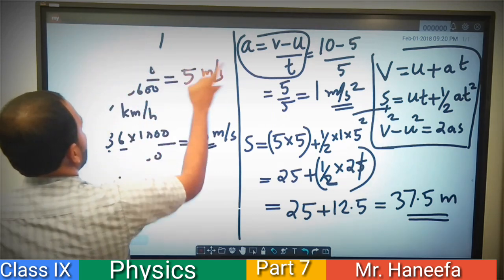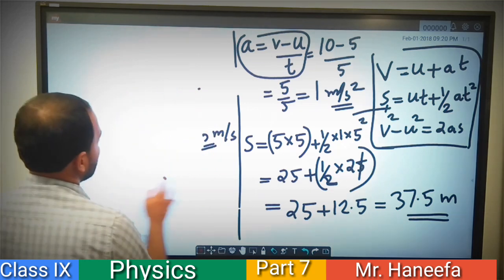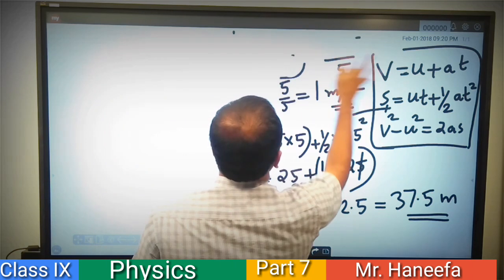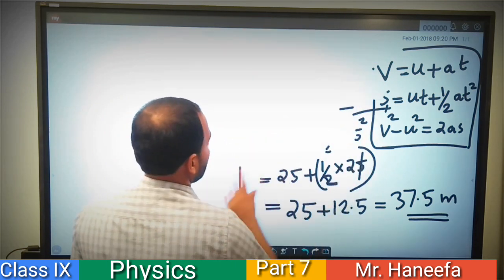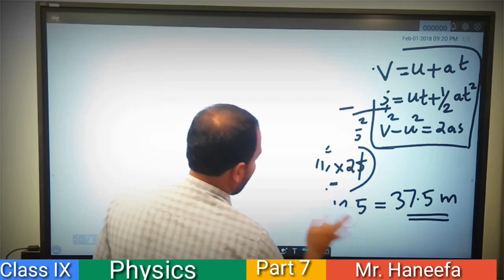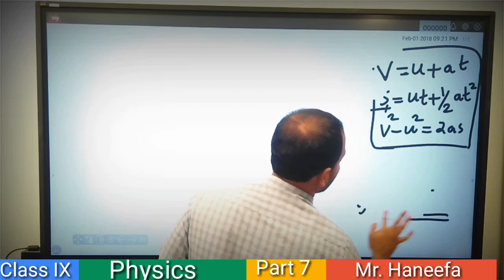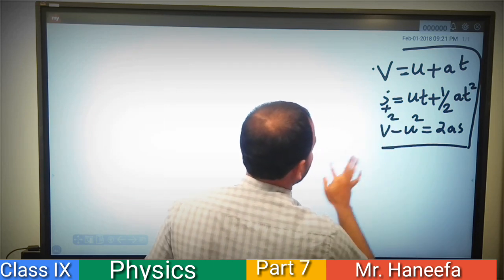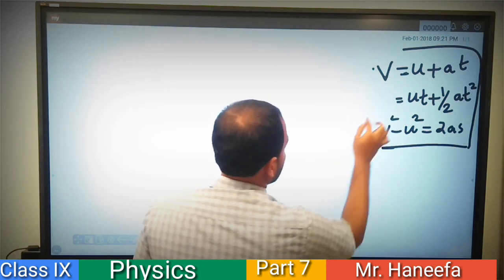So here 3 equations are used to solve these problems. First equation, v equal to u plus at. Second equation, s equal to ut plus half at square. Third equation, v square minus u square equal to 2as.